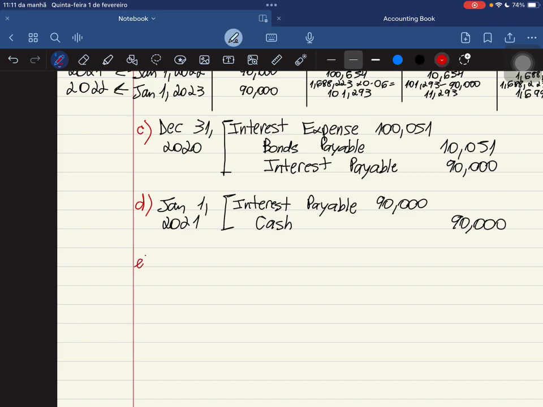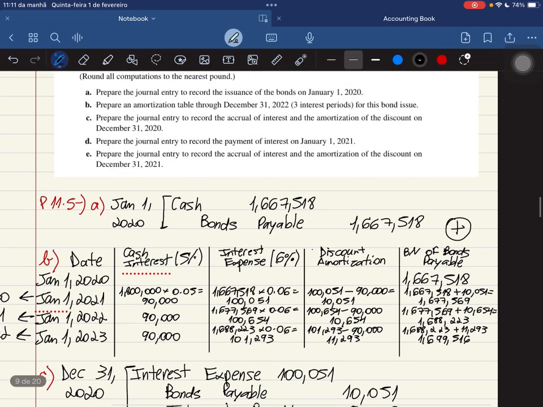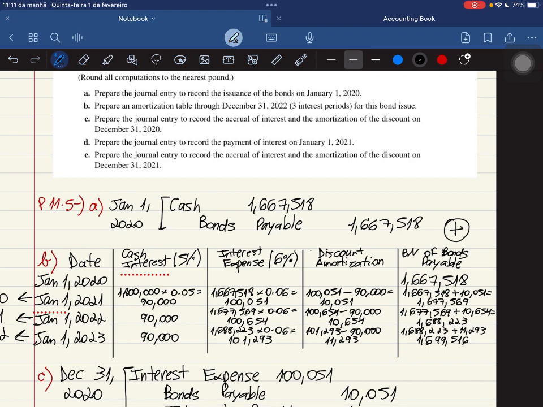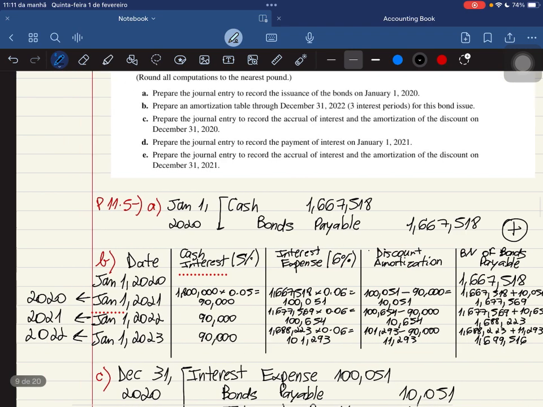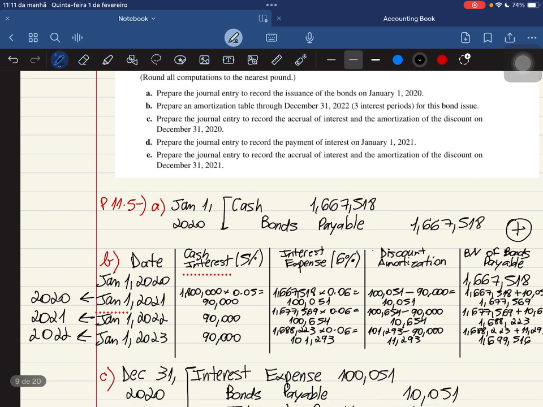Okay? E, last one. Prepare the journal entry to record the accrual of the interest and the amortization of the discount on December 31st of 2021. You see, that's why I decided to make this extra column over here, because December 31st of 2021, we actually know this number over here, right?